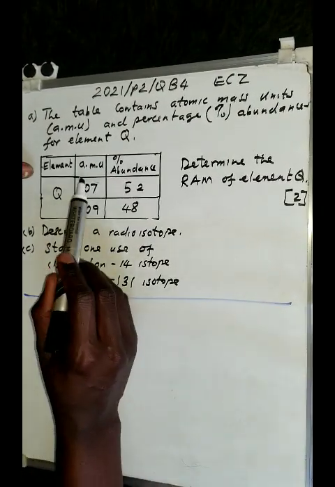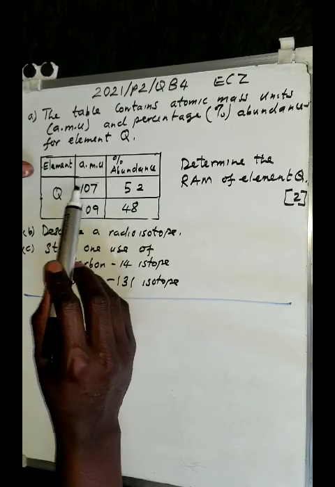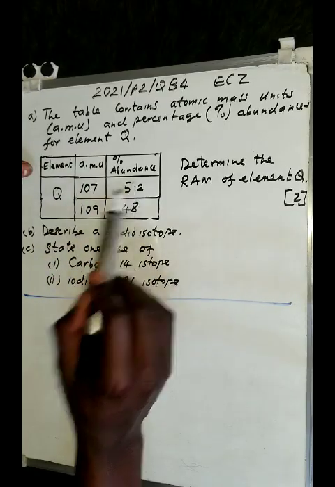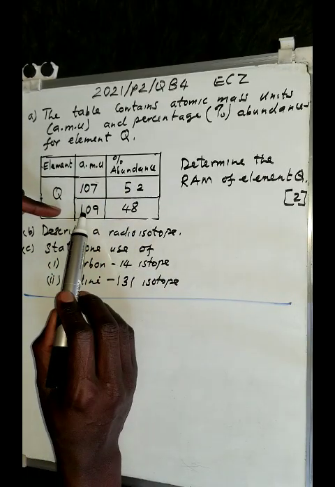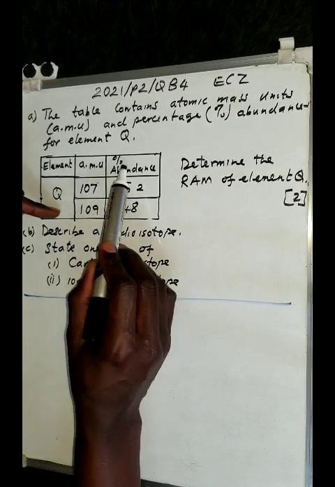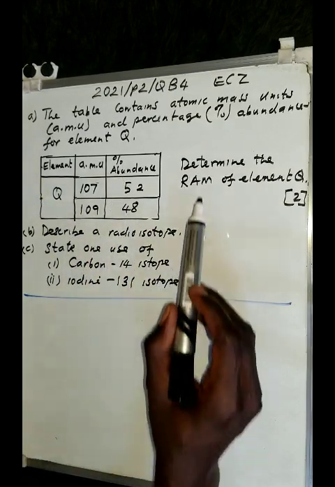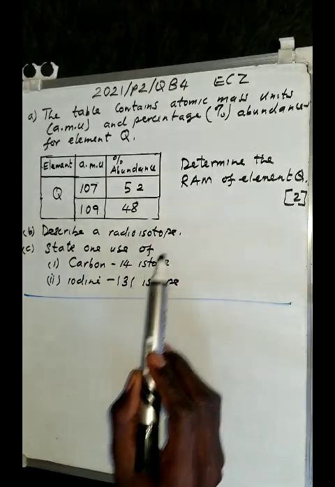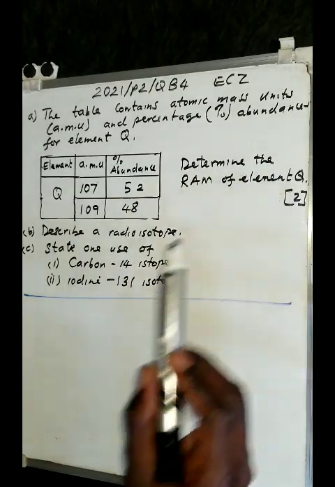So element Q, there's the one that has got an isotope with 107, the percentage abundance is 52. The one with isotopic mass of 109 has got a percentage abundance of 48. And the question was saying determine the RAM of element Q.